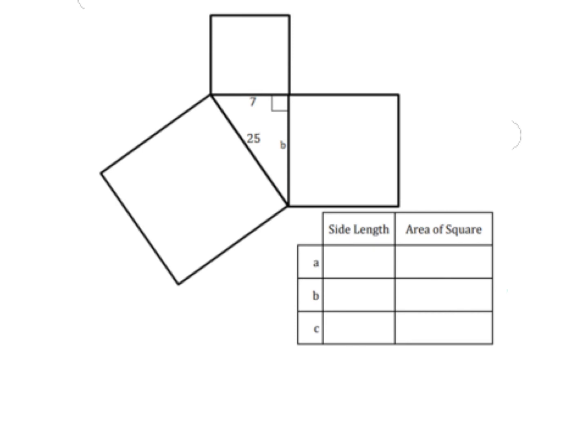Now in this next example, we have something a little bit different, because in this case I actually know what the hypotenuse is. That big length there is 25, so the area of that square is going to be 625.